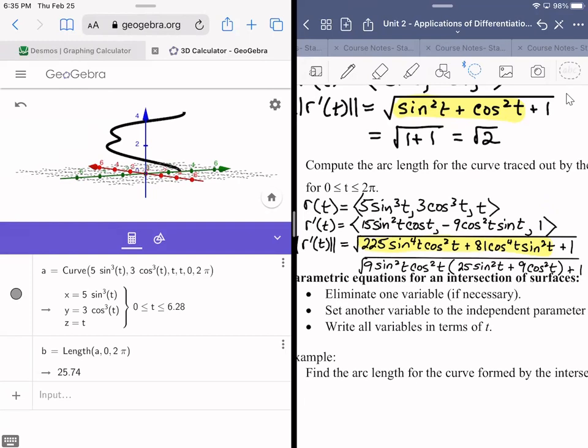I mean, if I wanted to, I could try to make that 1 into something else, like an old Calc 2 trick where you add something and subtract something to make it equal to a 1, or you can change the 1 into a sine squared plus cosine squared and see where that goes. I don't think any of that's going to get us anywhere. So, we tried it. It doesn't look like it's working out too nicely. So I think we're at that moment where it's like, listen, I think our best bet is to just pop this into the calculator and just let it work its magic.